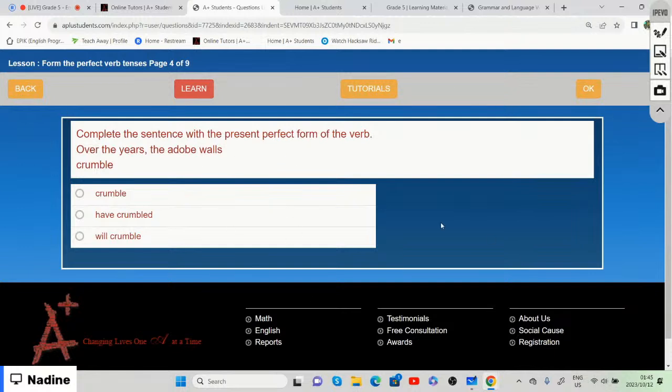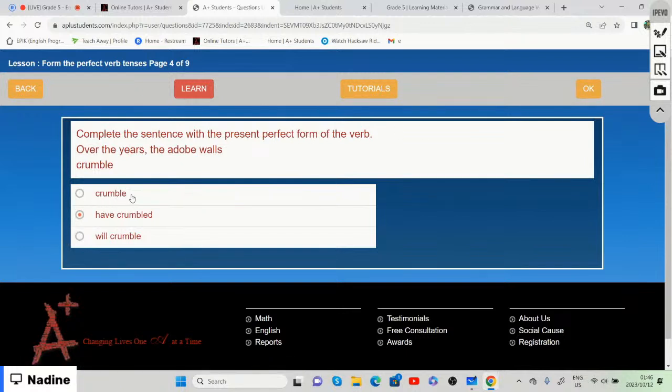All right, so if we choose the correct one, we will say have crumbled. So over the years, the adobe walls have crumbled. And this is still the present perfect form of the verb, have crumbled, right?